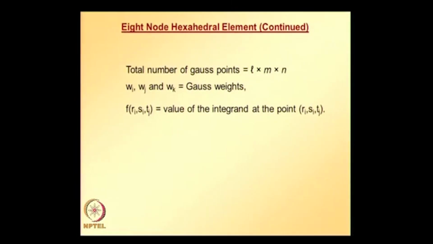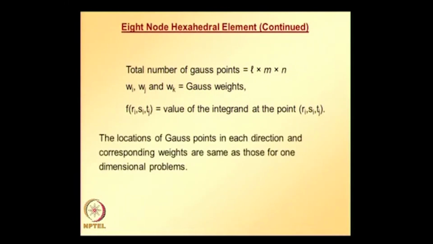And now the important thing is how to know the locations and weights. The locations of Gauss points in each direction and corresponding weights are the same as those for 1 dimensional problems that we are already familiar with. So, let us look at the Gauss weights at each Gauss point and the corresponding locations of the Gauss points if we try to adopt 2 by 2 by 2 integration.